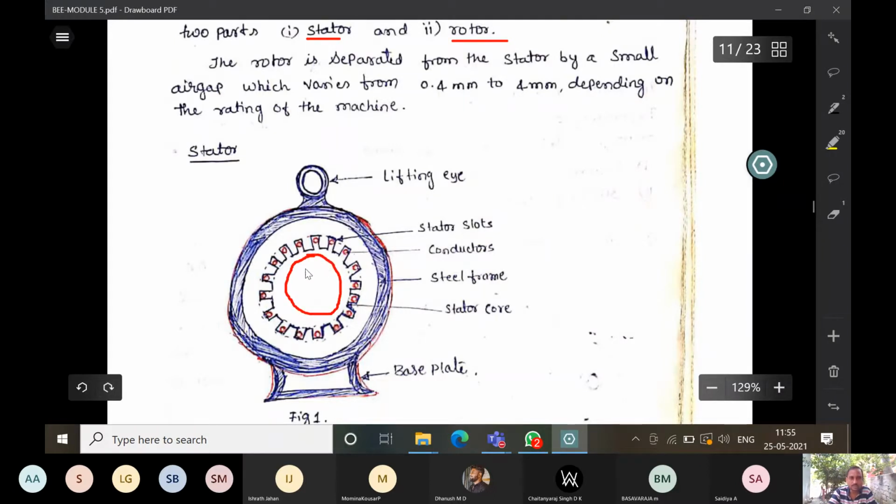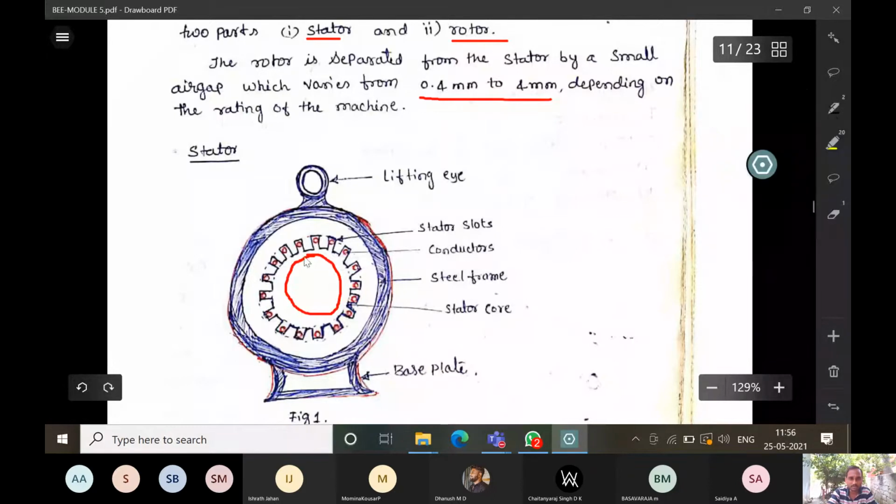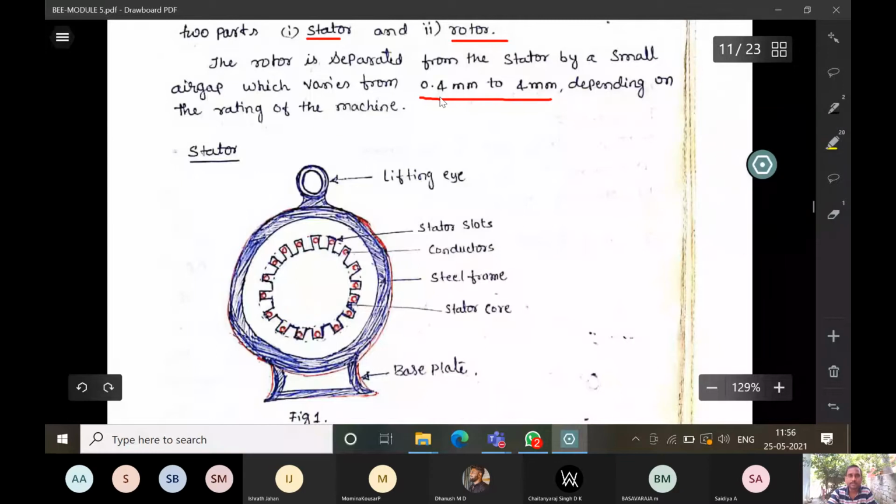The air gap between stator and rotor is between 0.4 to 4 mm, a very small distance, and depending upon the rating of the machine, the air gap also varies.